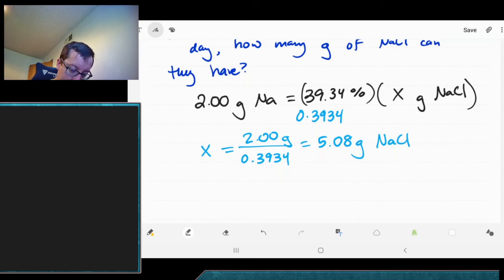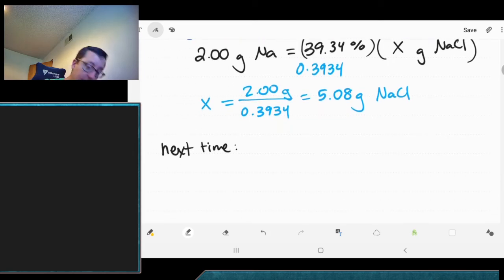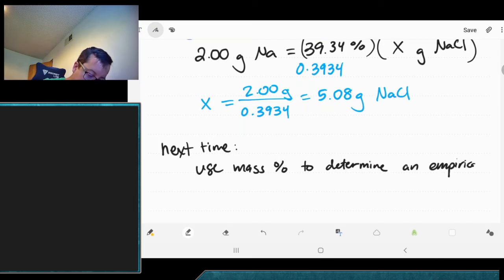With this, if you're interested in reading ahead, here's what we're covering next time. We're going to do the opposite thing. We're going to use mass percent to determine what's called an empirical formula. We can use masses of elements to determine what the formula of a compound is, which we call an empirical formula.